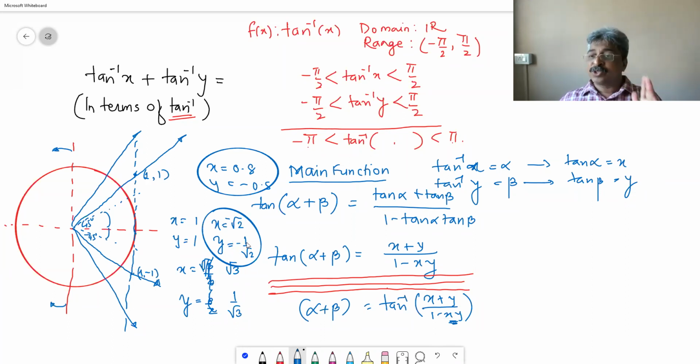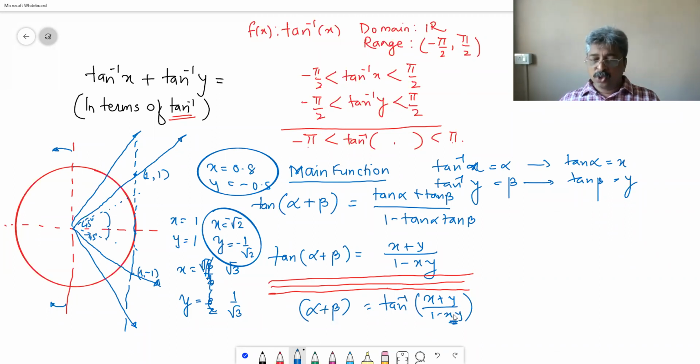Okay, so once you start getting deeper into this problem, you will start realizing that yes, now I have understood. So if x and y both multiply to equal 1, then it is a special case because the denominator becomes 0 and therefore alpha plus beta will be either plus 90 or minus 90.